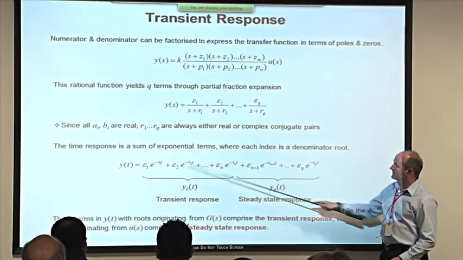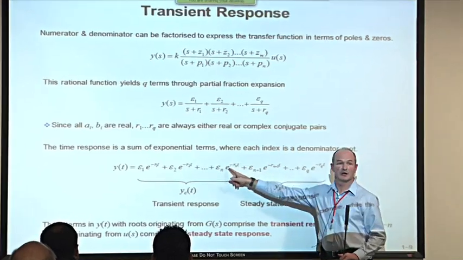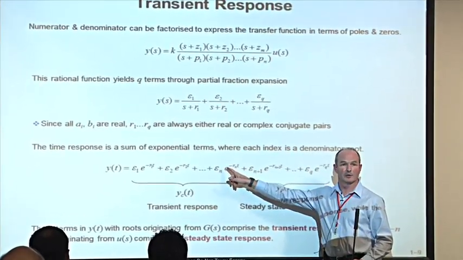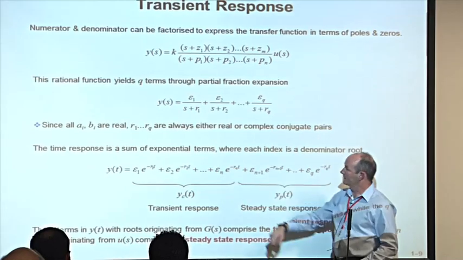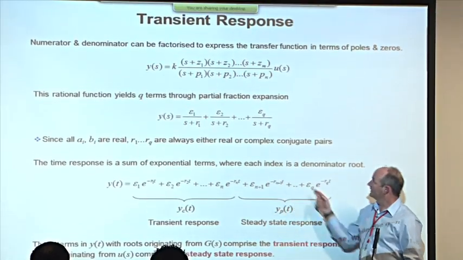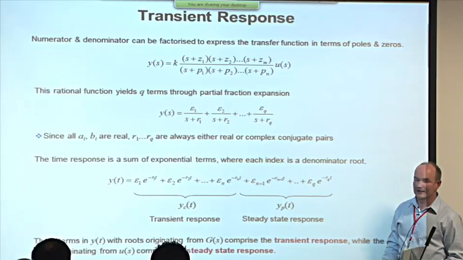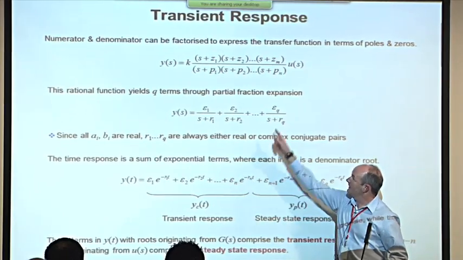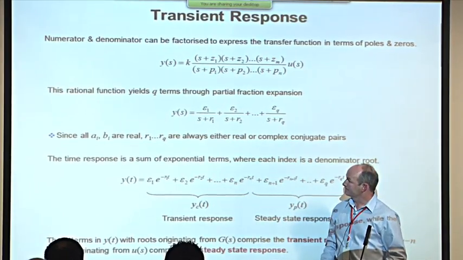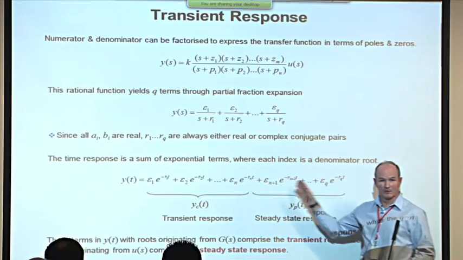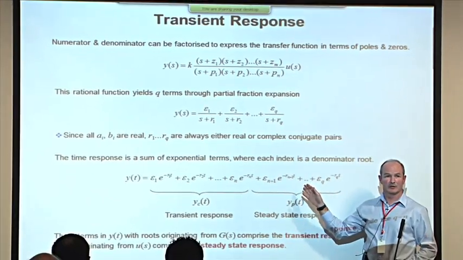So the first n terms have exponents which are exactly the poles of the transfer function. The remaining q minus n have roots depending on U(s), but the first n depend on the transfer function. And the response is separated accordingly.